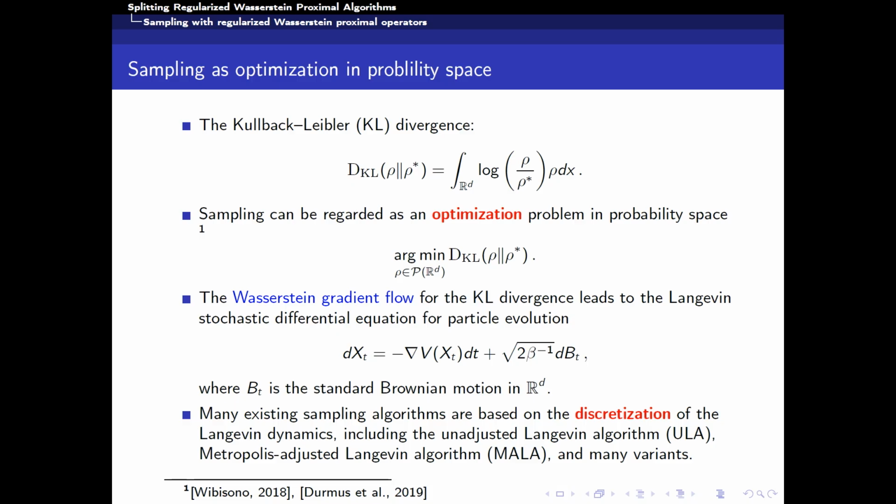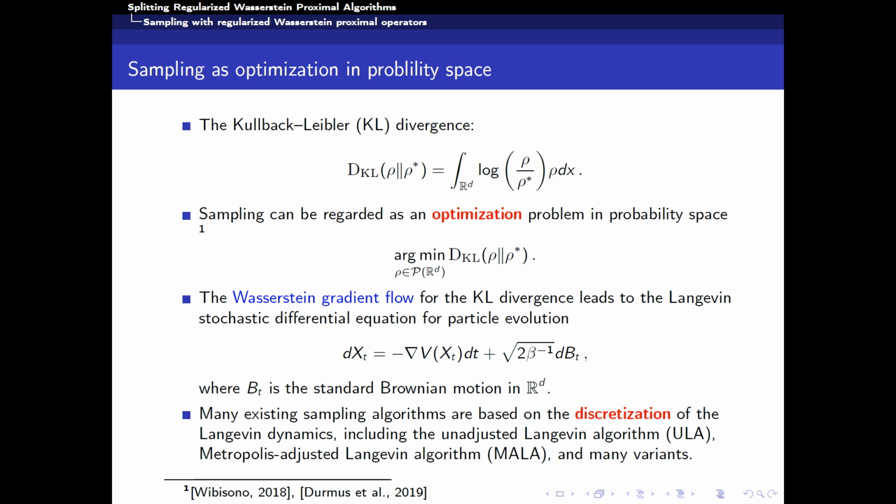The other reason we want to view the sampling problem as an optimization problem is that, later you will see, for example, in the work by Wibisono in 2018 and also the work by the French group in 2019, the way we show the convergence of our algorithm will also use tools from classical optimization theory.